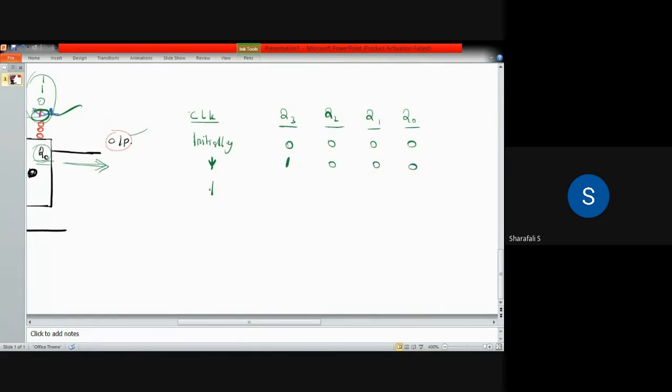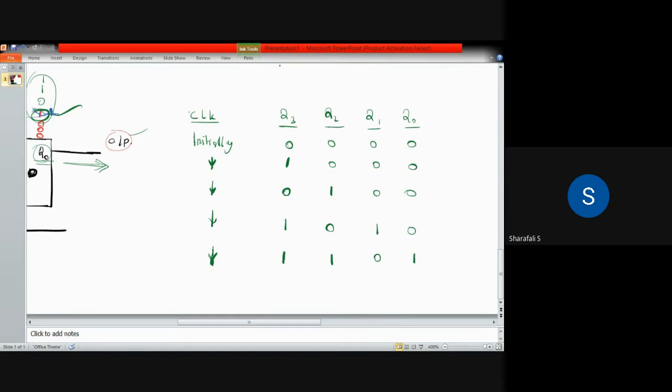Then in the next one, Q3 will become 0, this one is 1, and the others are zeros. Then for the next pulse, this one will be 1, 0, 1, 0. Then for the next clock pulse triggering, this one will again be 1, right? This is 1, this is 1, this is 0, this is 1.